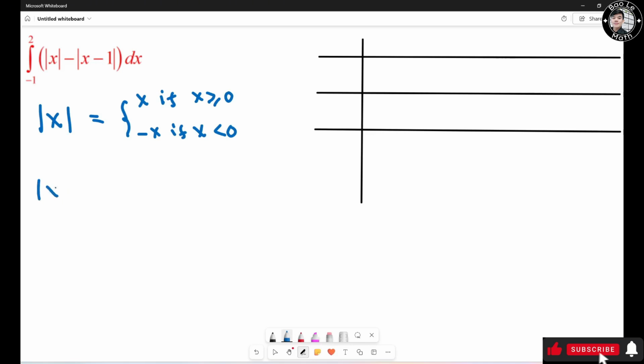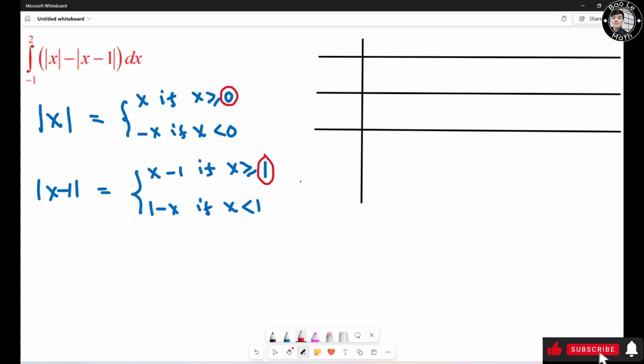Similarly, absolute value of s minus 1 equals s minus 1 if s is greater than or equal to 1, and 1 minus s if s is less than 1. Now, the breakpoints are 0 and 1.